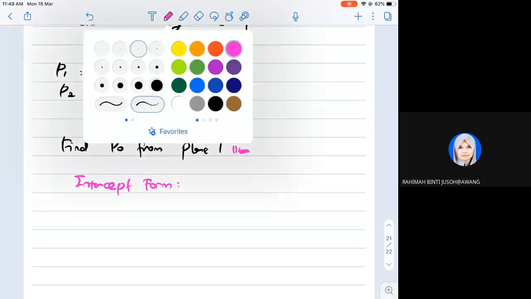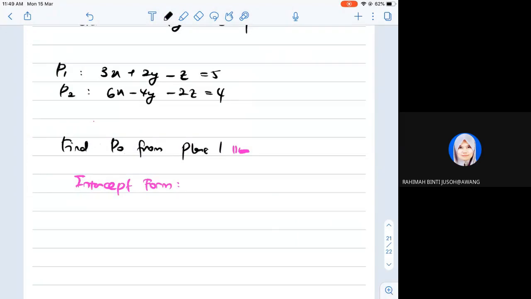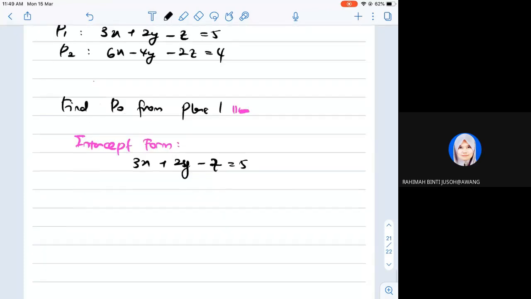You akan ada apa kalau you cari intercept form from the first plane ni? 3x plus 2y minus z equals to 5. So intercept form kita ada x over 5 over 3 plus y over 5 over 2 minus z over 5 equals to 1.